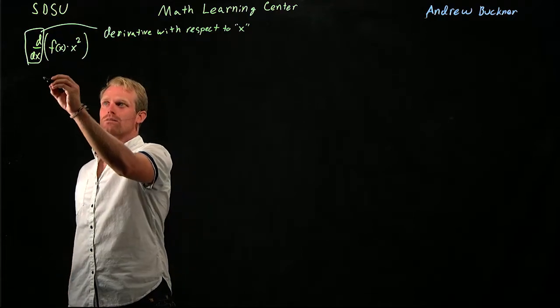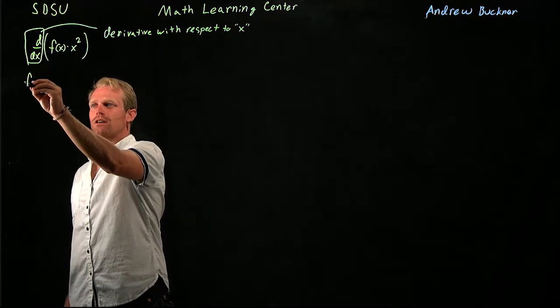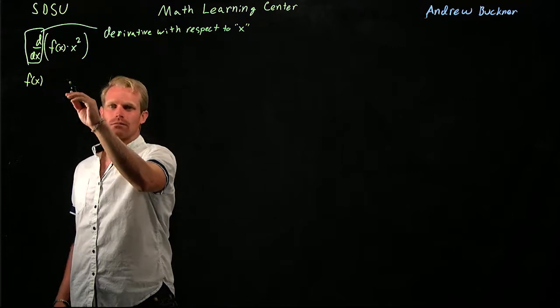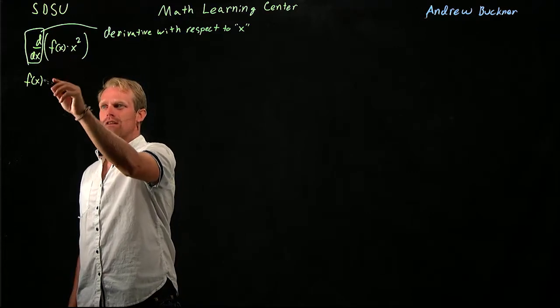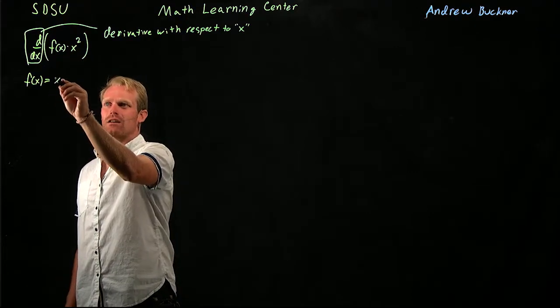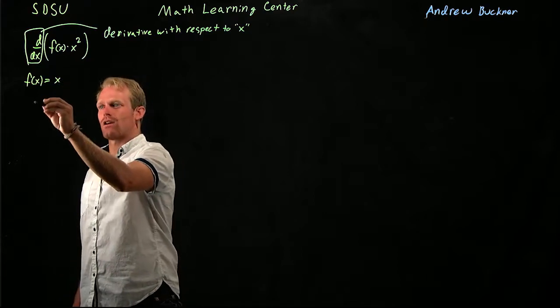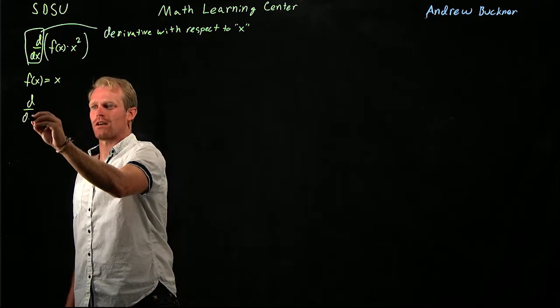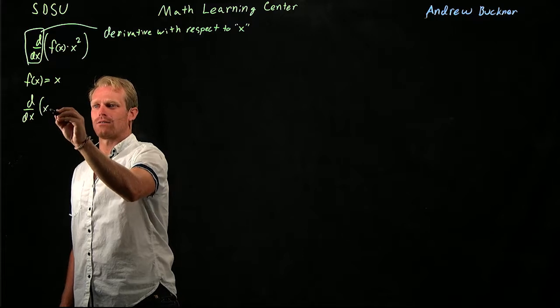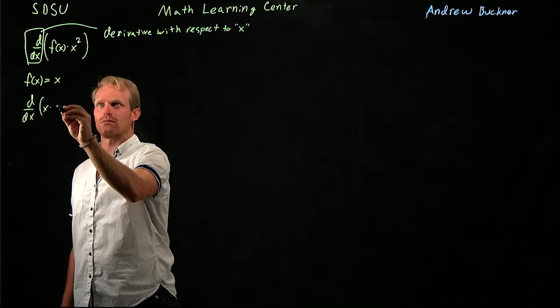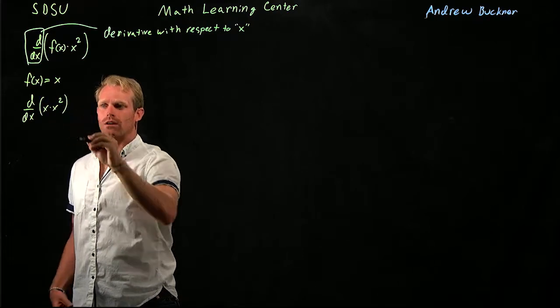But for this, we're going to substitute in a term that makes a little more sense. So instead of this f of x, we're going to declare that as just the x. So now I can rewrite the derivative with respect to x of the function x multiplied by the x squared.